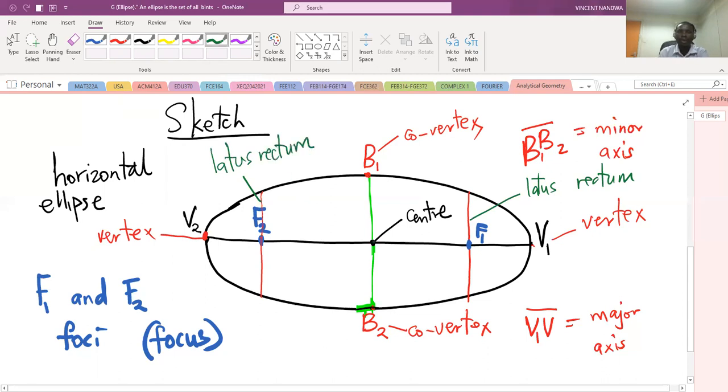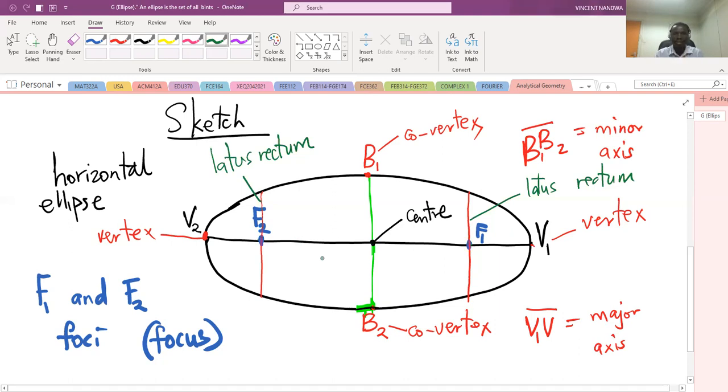And then the point where the line joining the vertices meets the minor axis is called the center. Usually the distance from the center to the focus F1 is the same as the distance from center to F2.